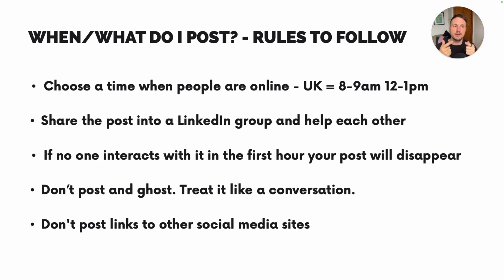So when your company post gets 12 likes, that means that it hasn't got out of the first hour. It hasn't been an engaging post, and the people who you sent it to have just liked, they've not commented, and it kind of drops off the face of the earth then. So if you've posted it and after an hour it doesn't get any engagement, it's gone. So make sure that you get some engagement, that some people click on it.